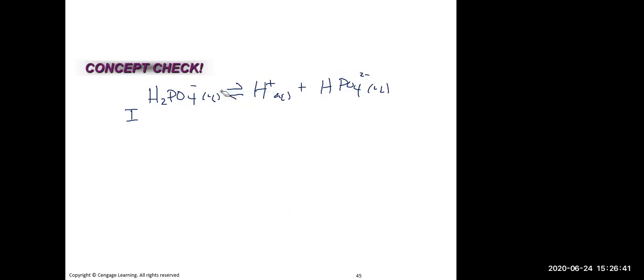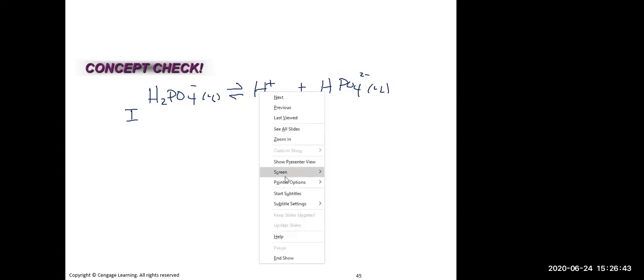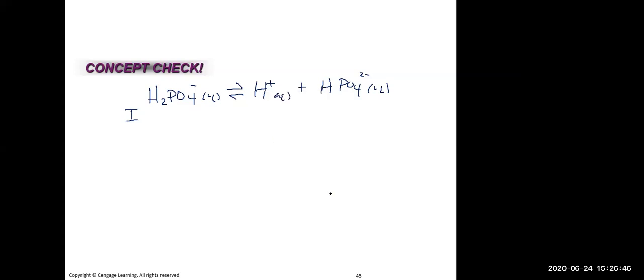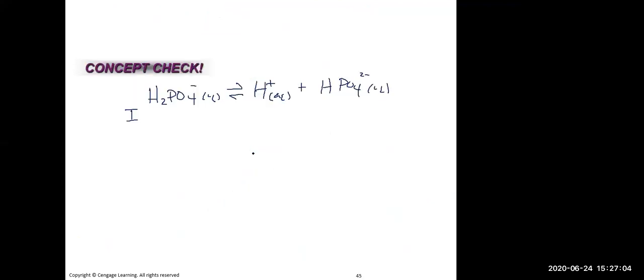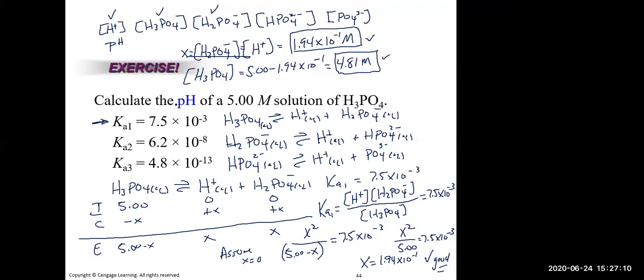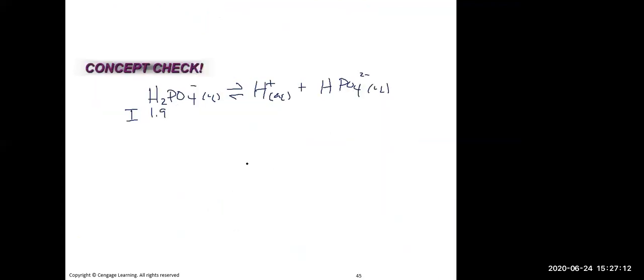And now you may ask yourself, where do I get my initial concentrations from? Where we get our initial concentrations in our second ICE table is from our first ICE table. From our first ICE table, we have the equilibrium concentrations of these species. That means that in our second ICE table, we have 1.94 times 10 to the minus 1 of H2PO4 minus.